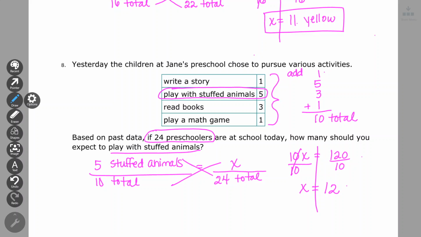So we know that of the 24 students, 12 students will play with stuffed animals. Now you are ready to go and do your IXL skill DD.5.